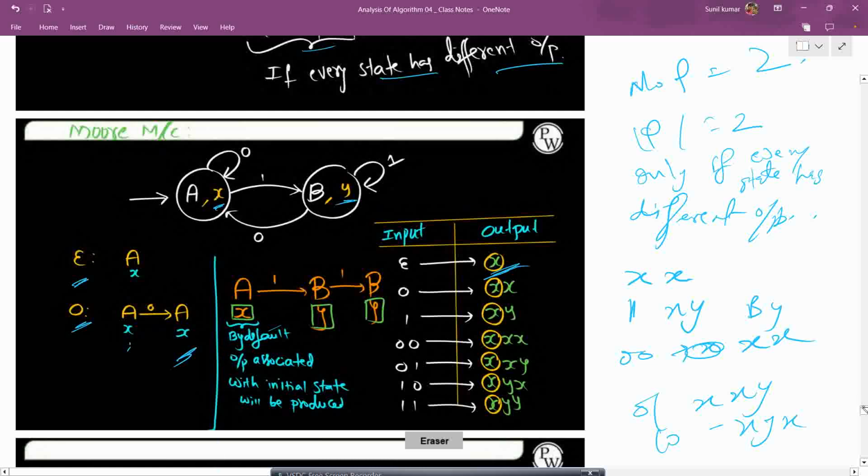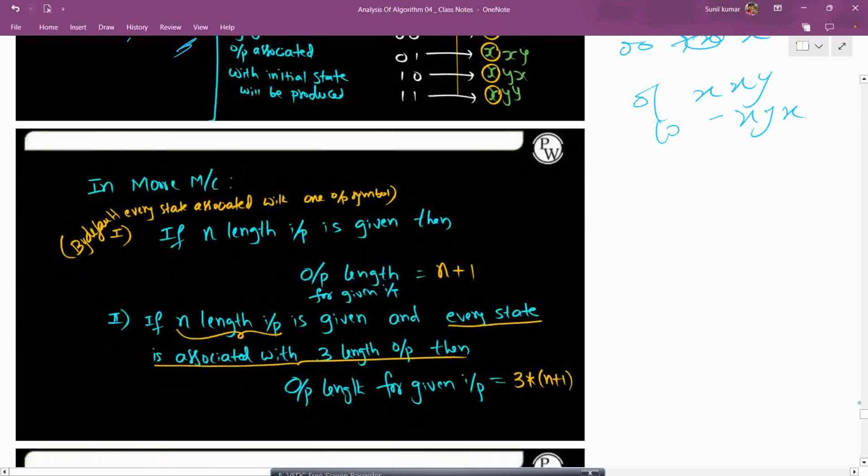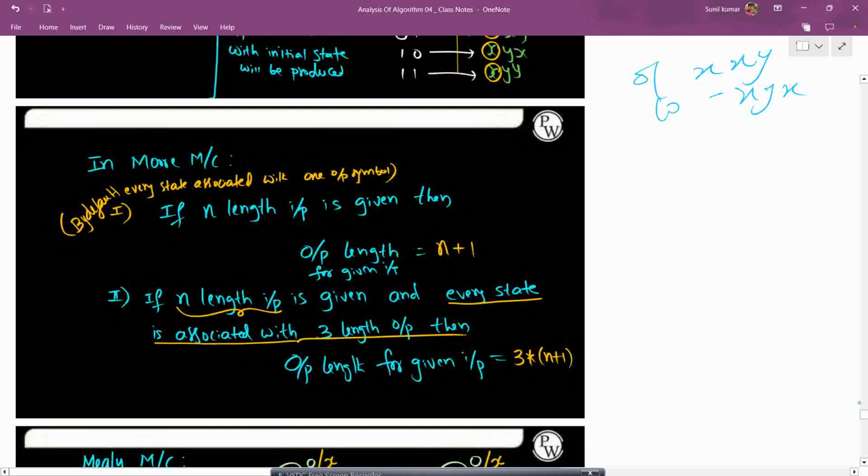This is the default output, and it is an important note. In Moore machine, every state is by default associated with one output symbol.